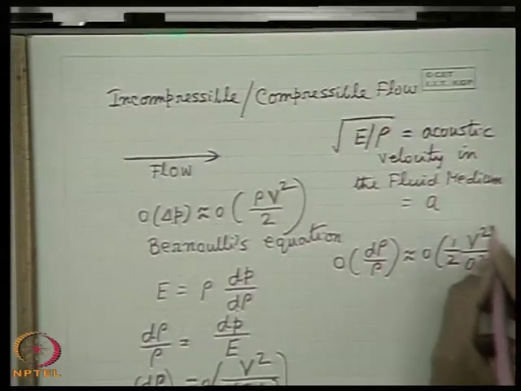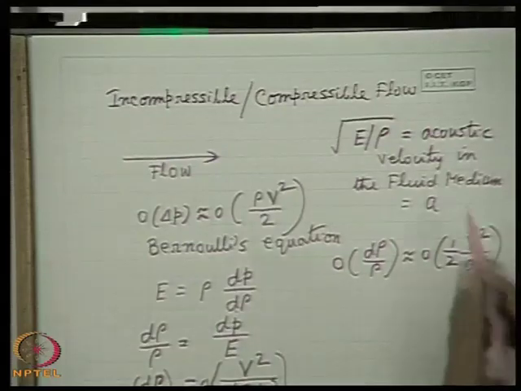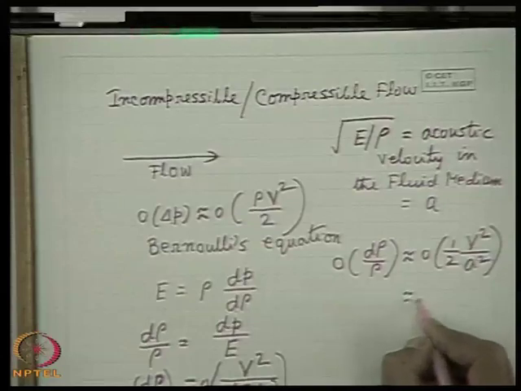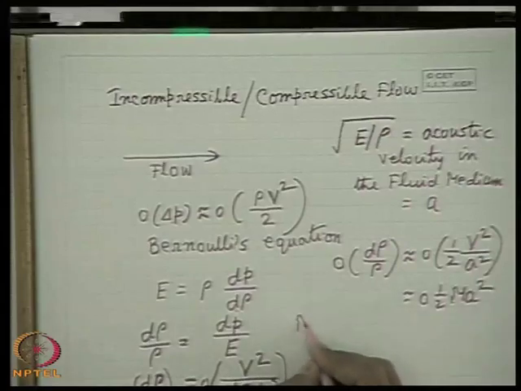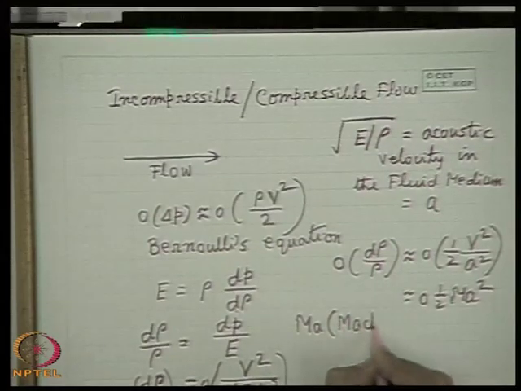That means the ratio of the square of the flow velocity to the square of the acoustic velocity in that fluid medium. We define a quantity Ma, that is known as Mach number.